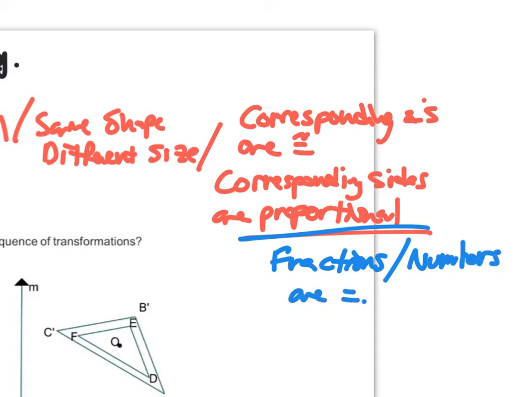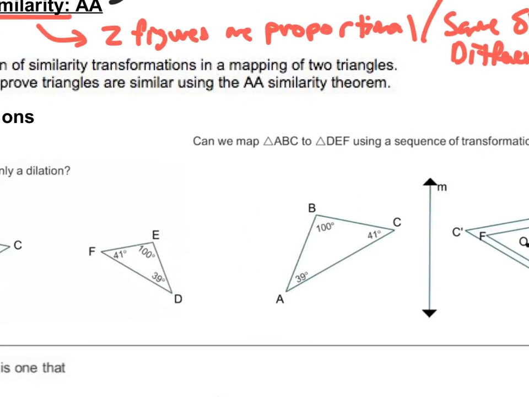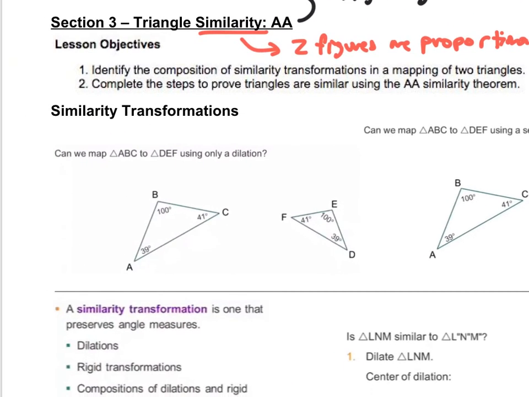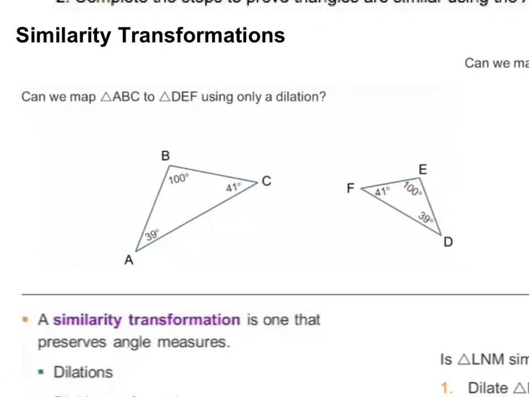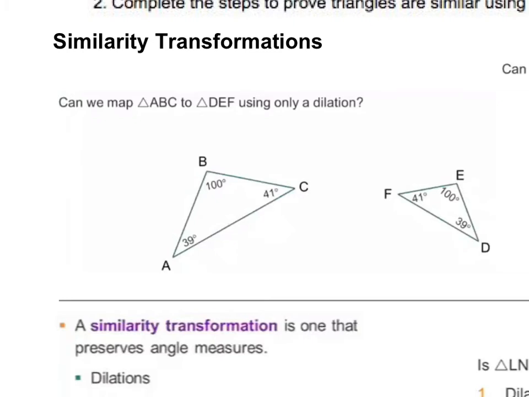All right. So let's take a look here, and it says, can we map triangle ABC to triangle DEF using only a dilation? Okay, and the answer to that question is no. If you take a look at this, they'd have to be oriented in the same way.